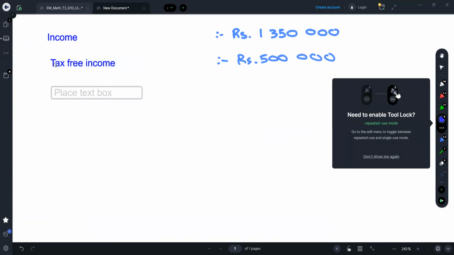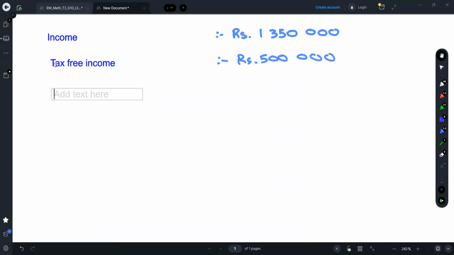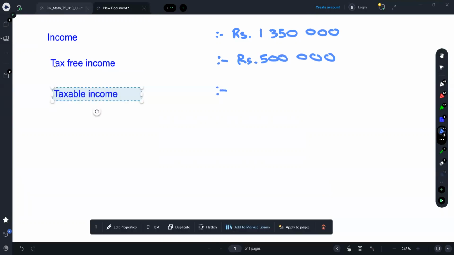Next one, taxable income. Taxable income, how can we find that? Then we can subtract 500,000 from this income.